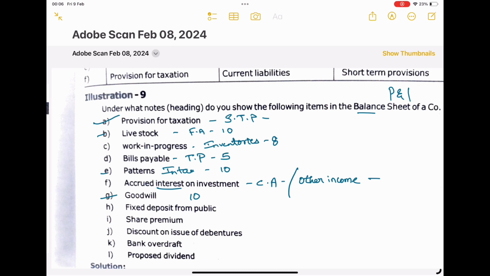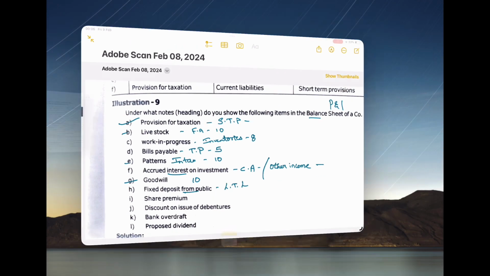Fixed deposit from public. They have given it as from public without mentioning any particular, which means I have taken fixed deposit from public. So in this manner I'll consider this as a liability, long term liability. Why? Because they have given it like from public.